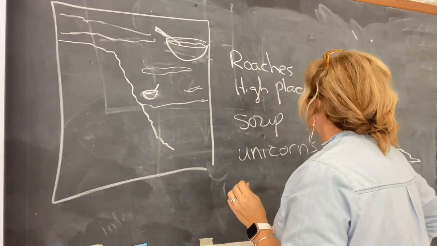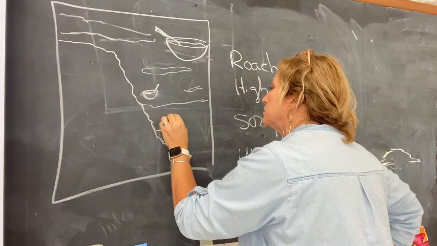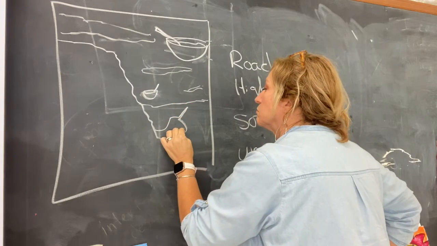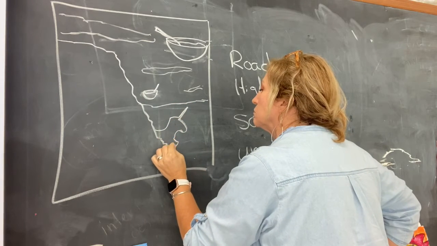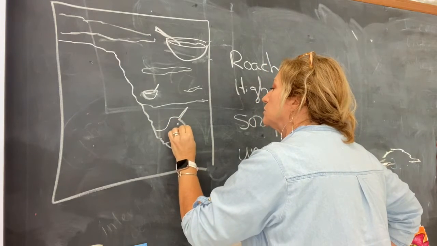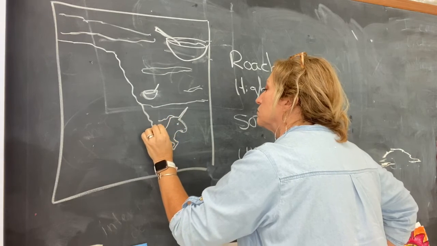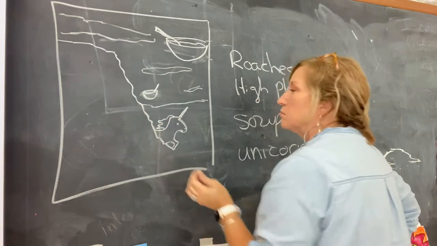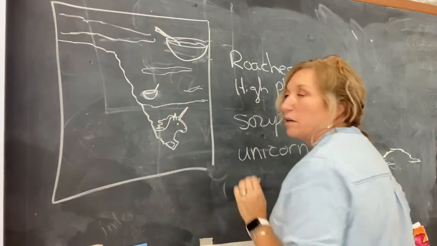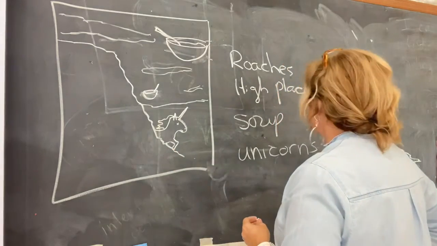Okay, and I need a unicorn, coming out over here. He's got ears. So I've got a unicorn coming out from behind this mountain.